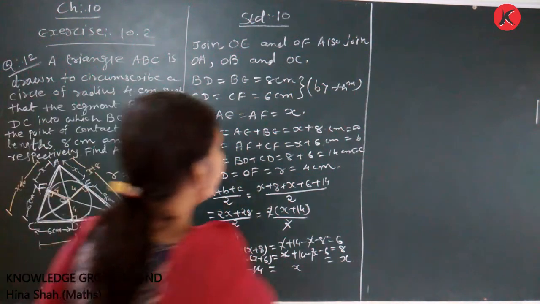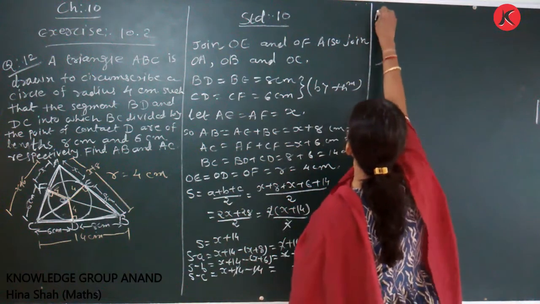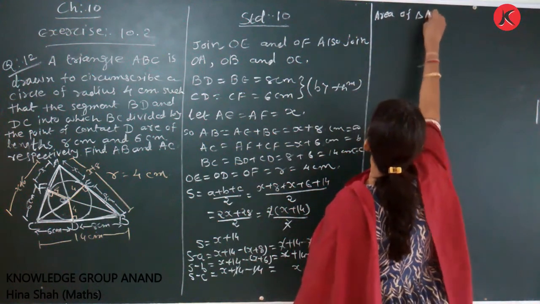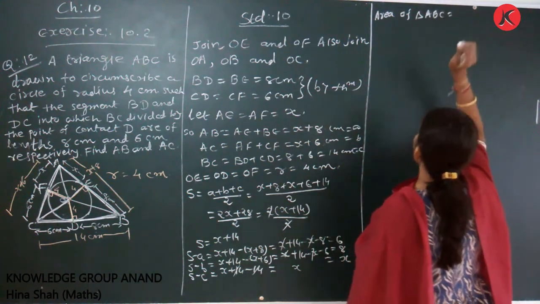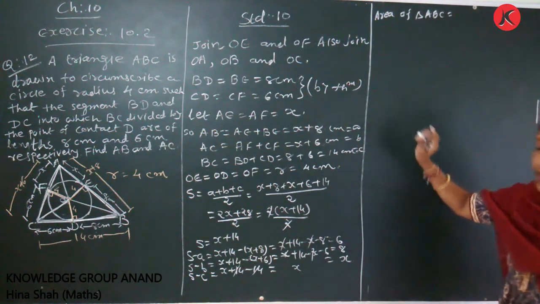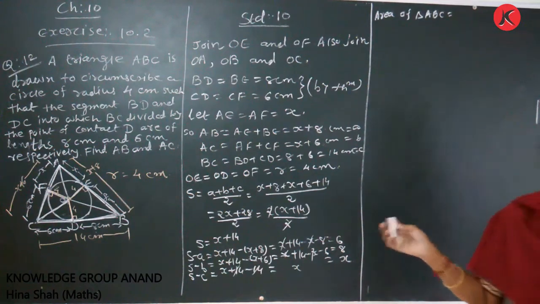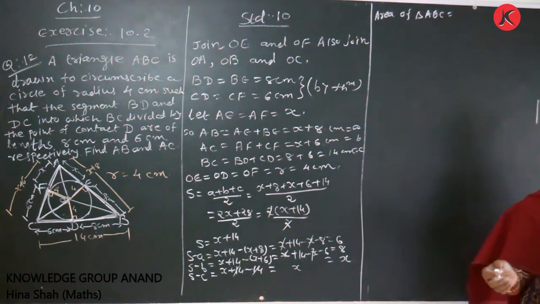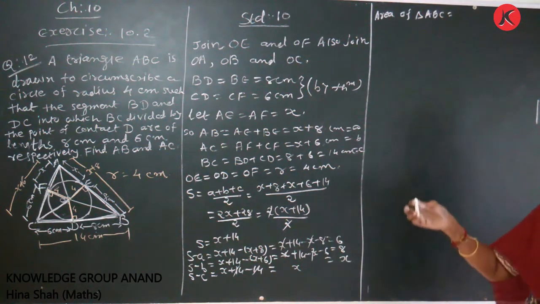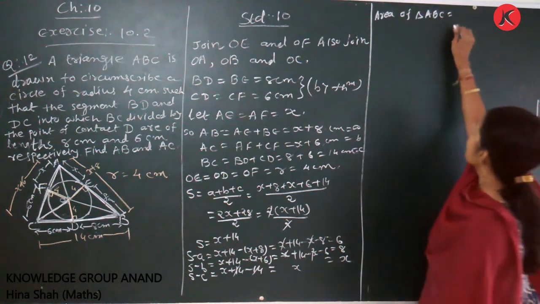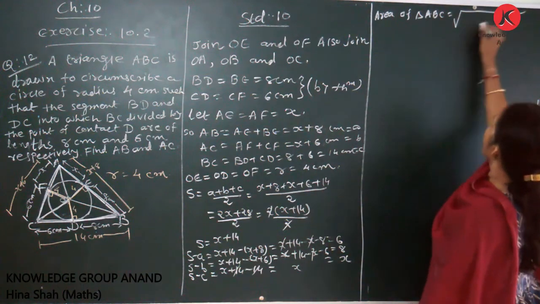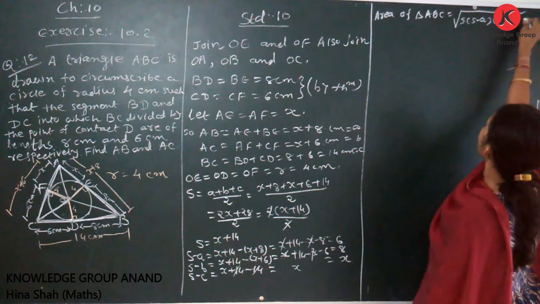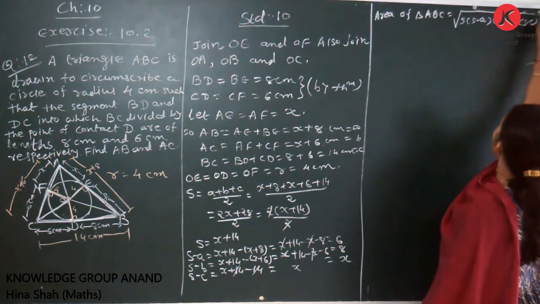Now area of triangle ABC is equal to, we know Heron's formula. What is Heron's formula? Area of triangle is equal to the square root of s into s minus a, s minus b, s minus c.